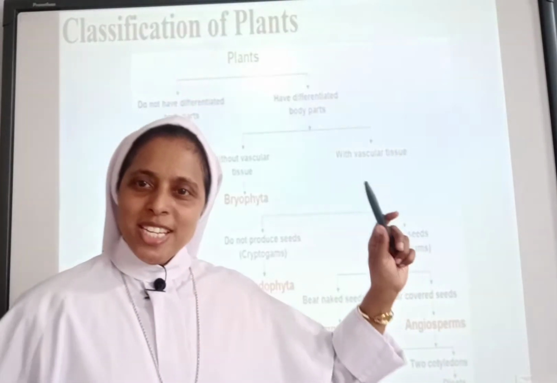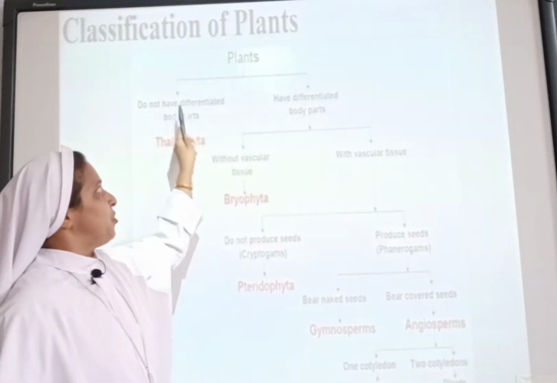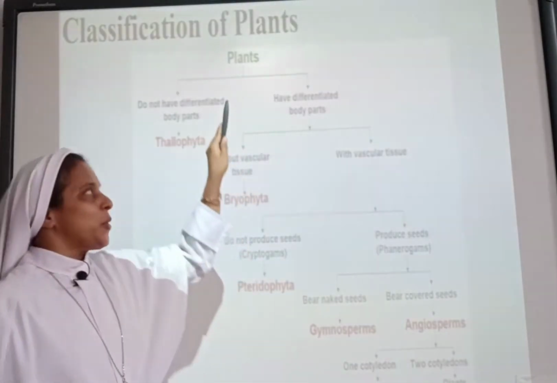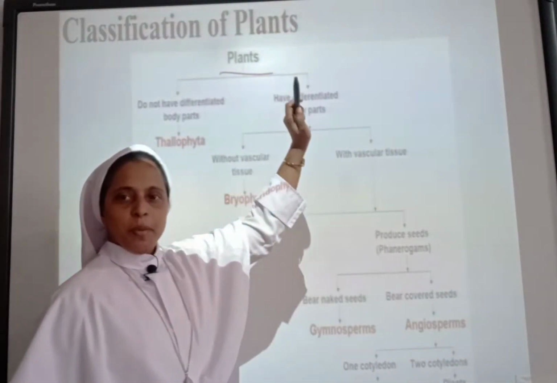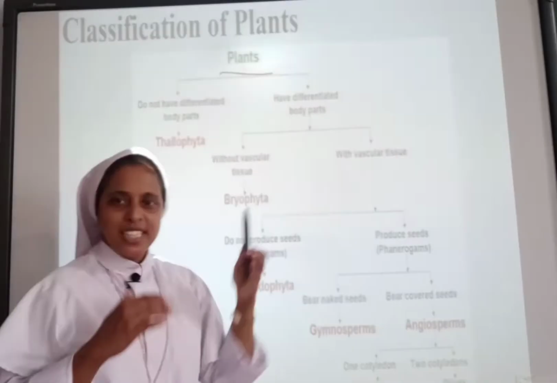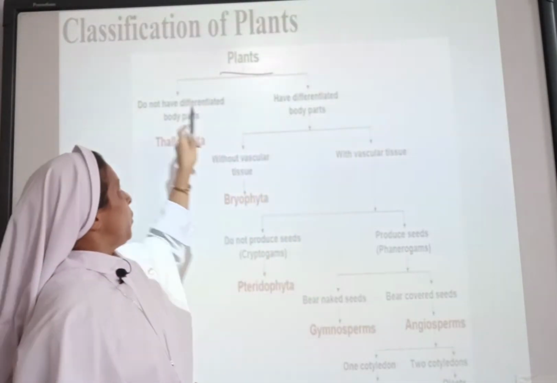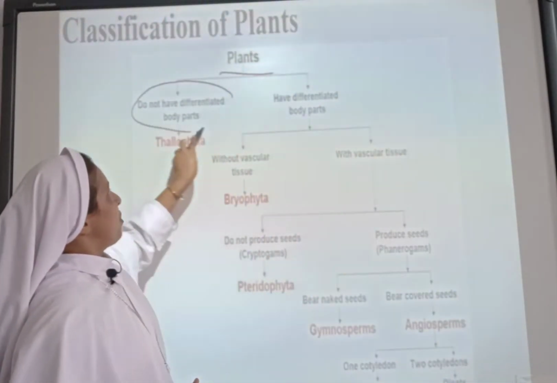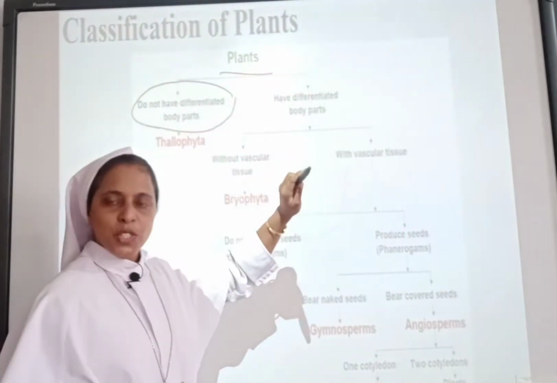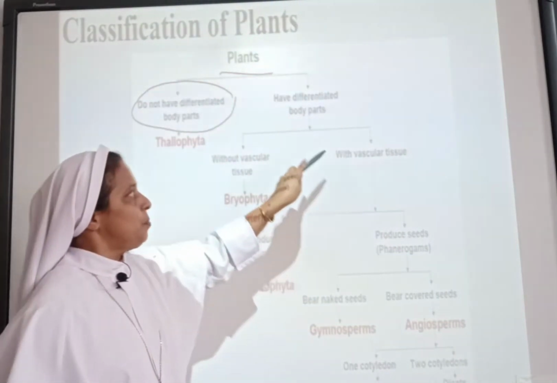Now let us learn the step-by-step classification process. We have the classification process in table form here. First we are going to learn how the plants are classified. Those that do not have differentiated body parts, and those that have differentiated body parts.